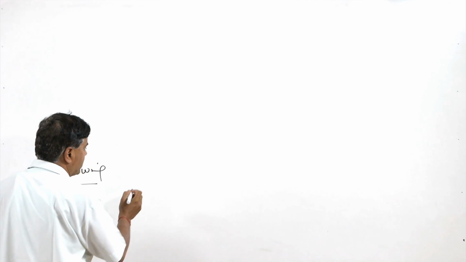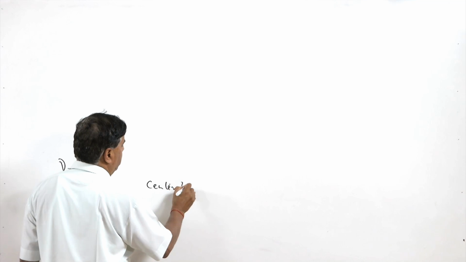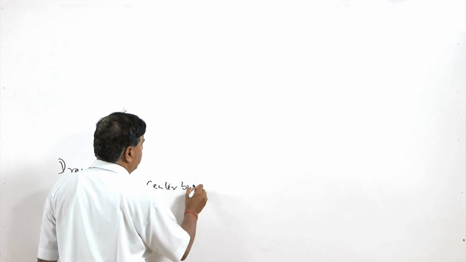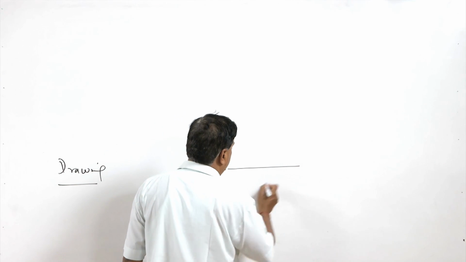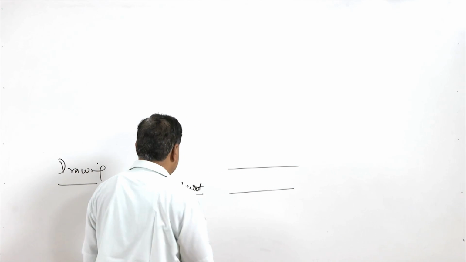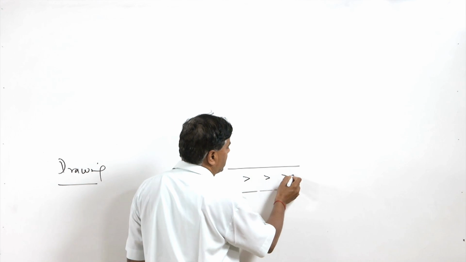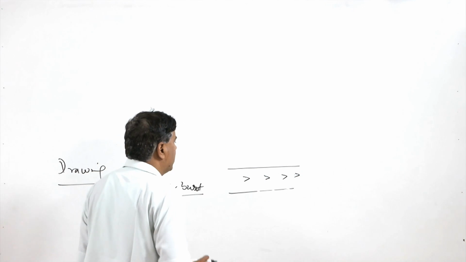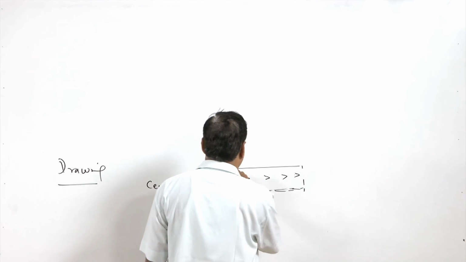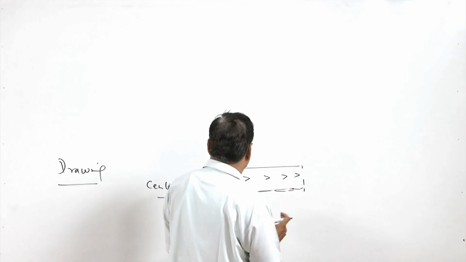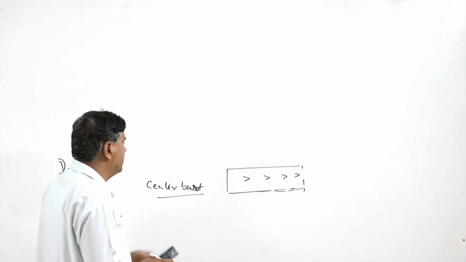For example, center burst is one of the defects observed in drawn wire, and in this case center burst leads to the development of cracks, or chevron marks in the drawn wires, and especially under upsetting conditions these will open up in the form of cracks.